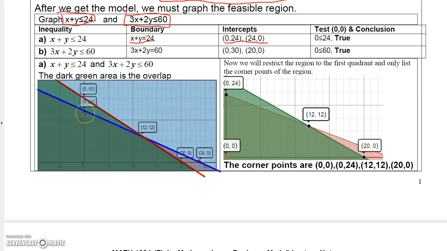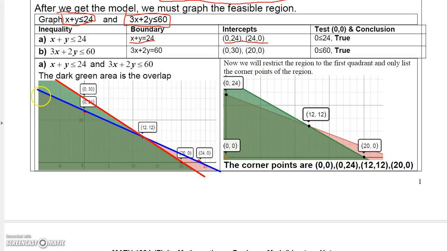So here's the point 0, 24, and here's the point 24, 0. And if you'll see, the blue line represents x plus y equals 24. Okay, so now if we were to test the origin, which is down here, and plugged it in, we would get 0 is less than or equal to 24, which is true.